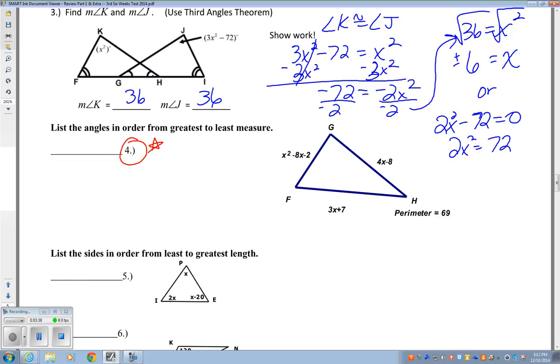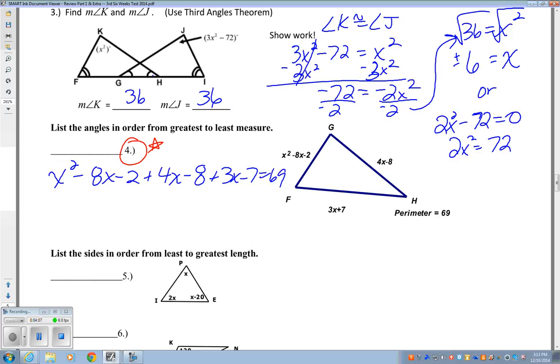Okay. Number 4. All right, so you have to use the perimeter to write this equation. Anyone get the equation? Rahel, what'd you get? Just tell me what you did. I know the outset was x squared minus 8x plus 2 plus 3x plus 7 plus 4x minus 8. Yeah, okay, so add all the sides. So 4x minus 8 plus the 3x minus 7 equals 69.